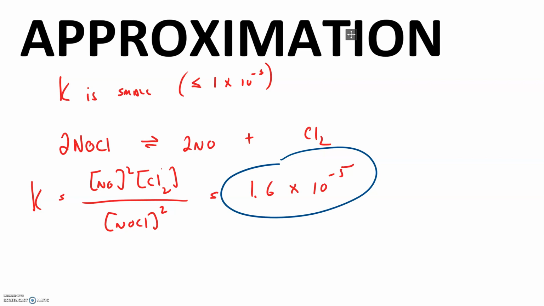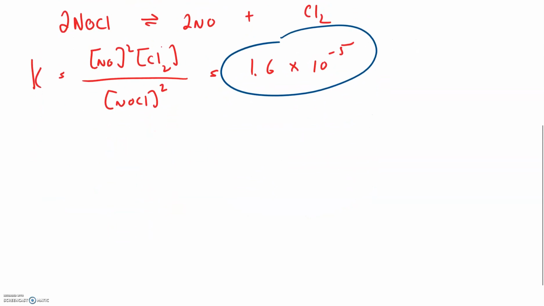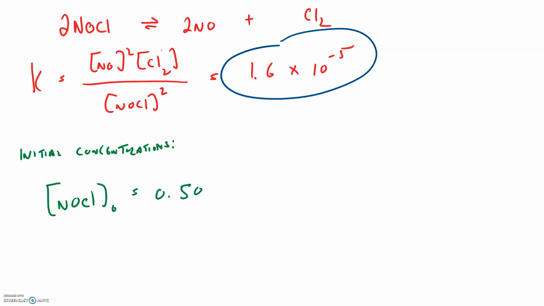And obviously, that's pretty small. And what it means is that when the reaction is at equilibrium, it really doesn't make that many products. It pretty much favors the reactants. And let's keep that in mind as we do this. So let's start this off where we have initial concentrations, and they will look like this. NOCl, initially, we'll start off with a concentration of 0.5 molar.